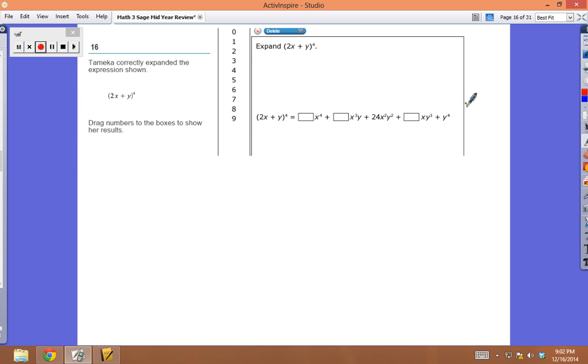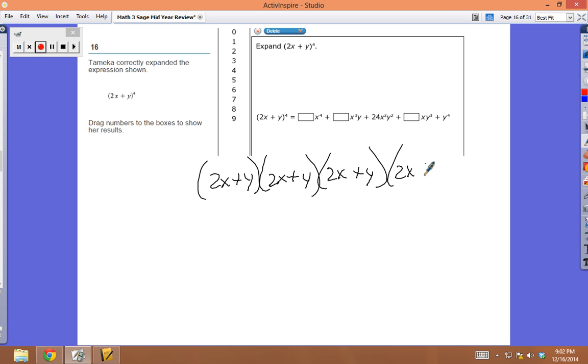Okay, this one's kind of nasty. So expand it. If you've got 2x plus y to the 4th, that is 2x plus y times 2x plus y times 2x plus y times 2x plus y.